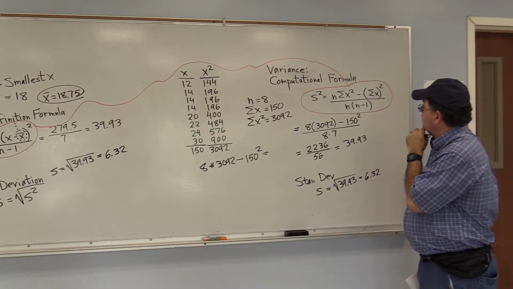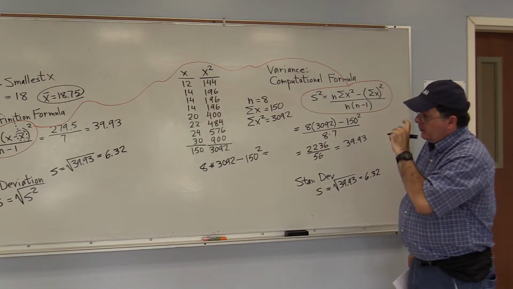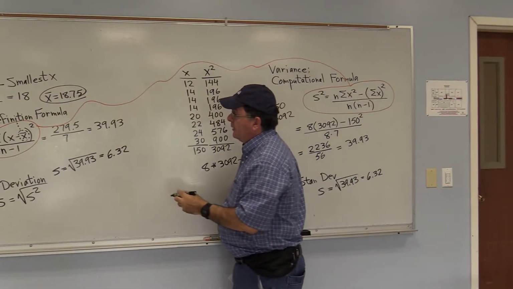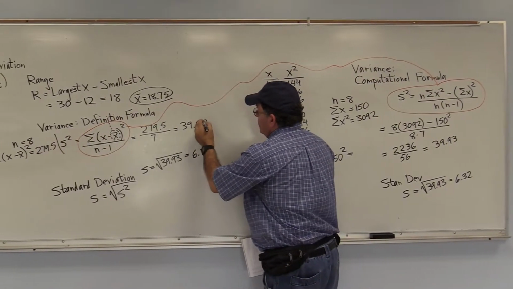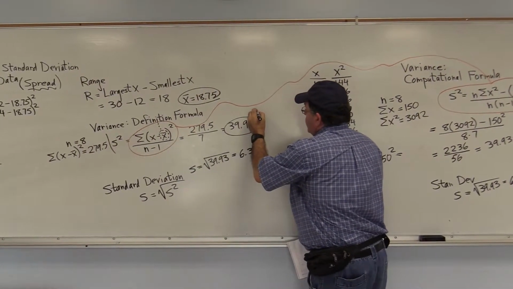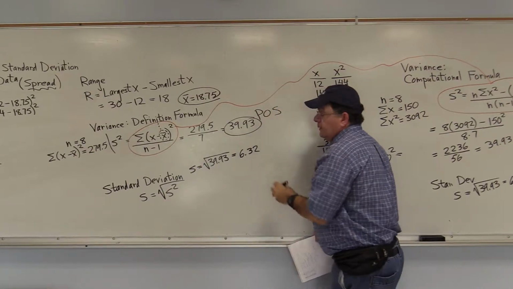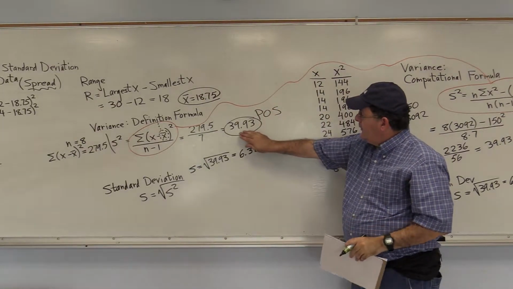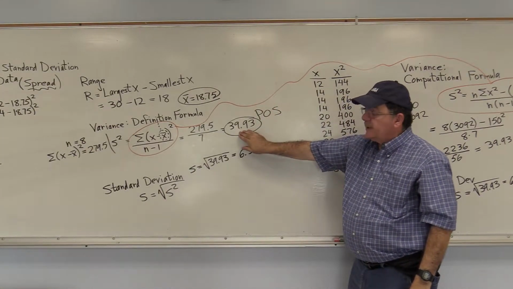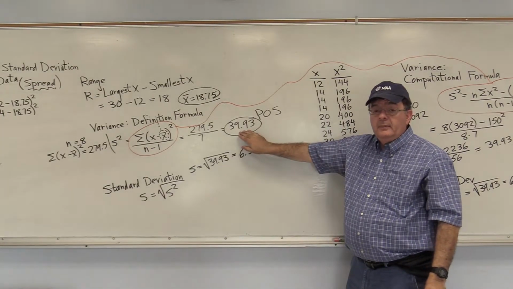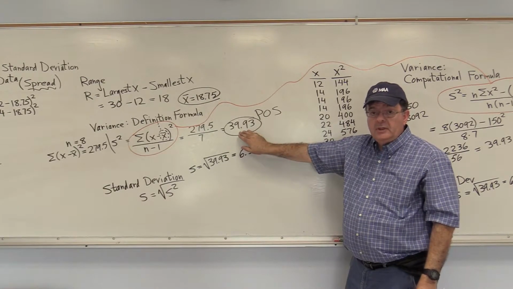One thing of extreme importance here: when you calculate the variance by either formula, this number must be positive. If you get a negative number here for the variance, you have done something wrong. You made a mistake somewhere, so go back and recheck your work.